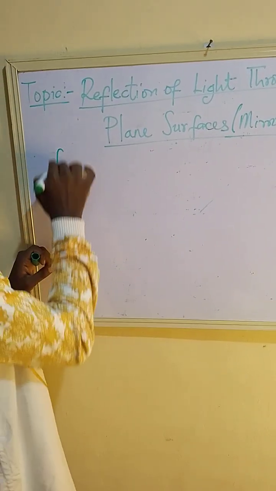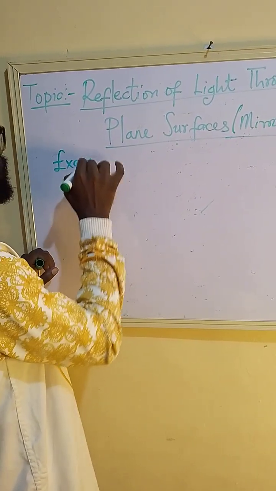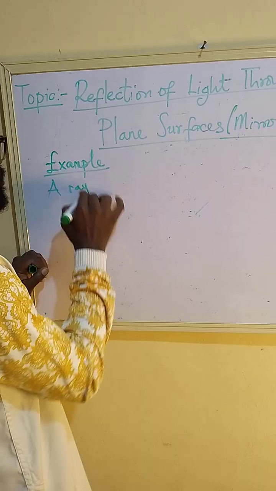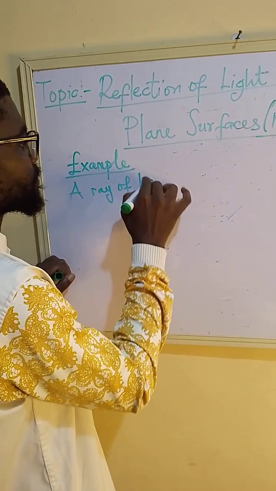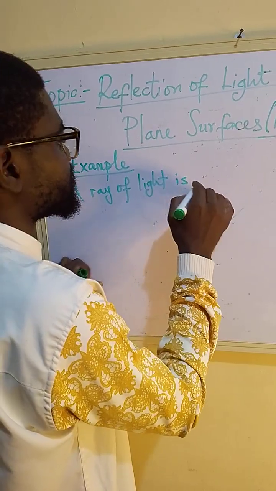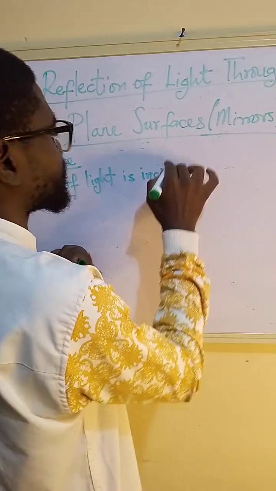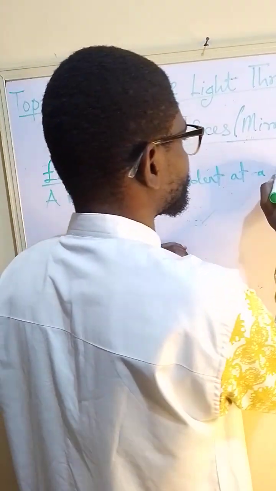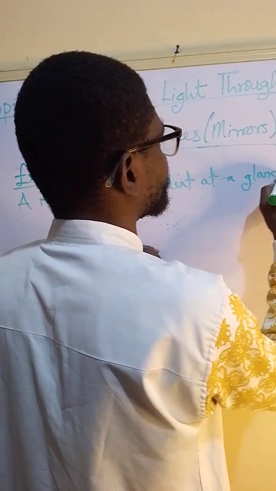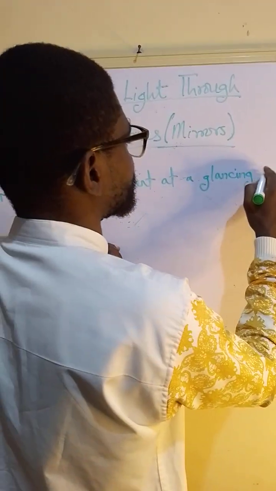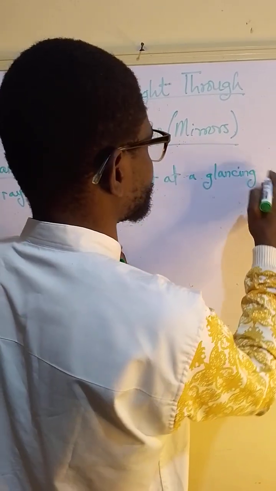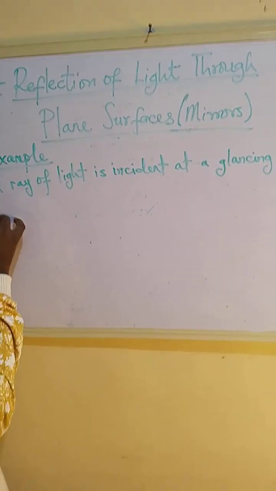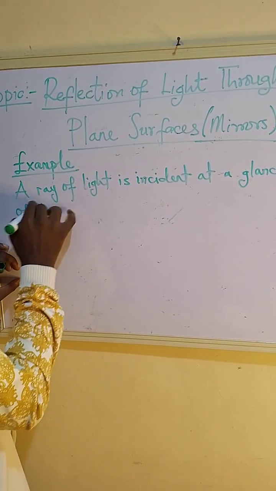An example is that a ray of light is incident at a glancing angle of 55 degrees.